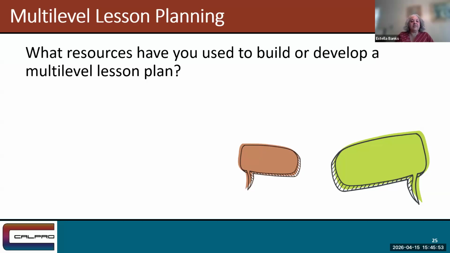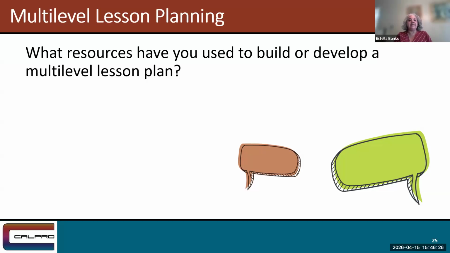What other resources have you used to build or develop a multi-level lesson plan? Conversation cut cards. Okay. Vocabulary games, flashcards.